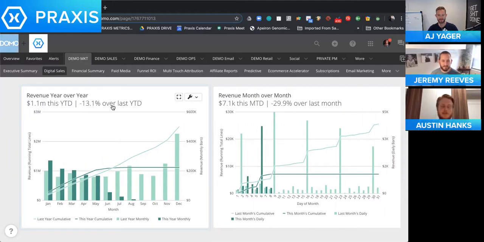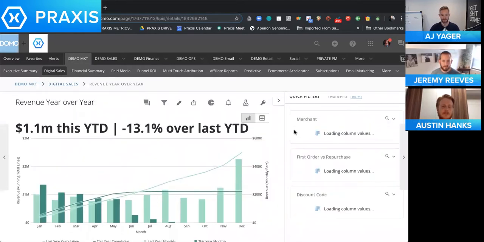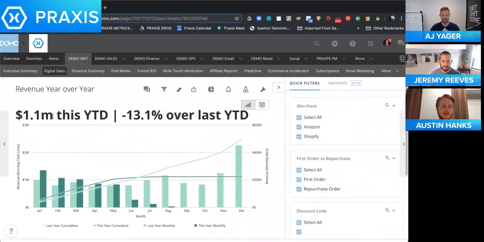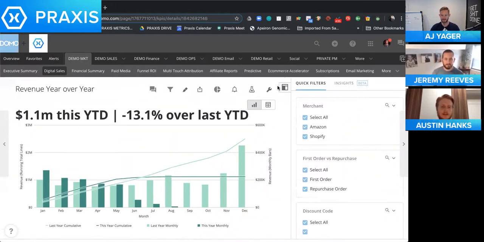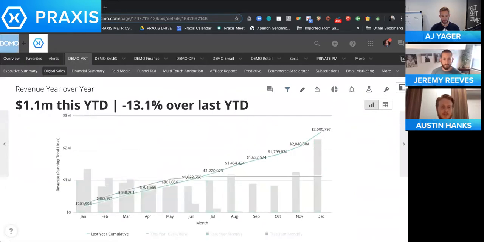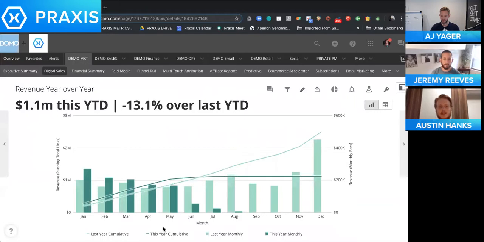And then if we click in to view this graph full screen, we get a lot more interactive capability. And if you're seeing this graph for the very first time and you look down at the beautiful colors below, you see a bunch of lines and a bunch of bars, and it might take a second to get your bearings here, but a lot of great insights can come from this.